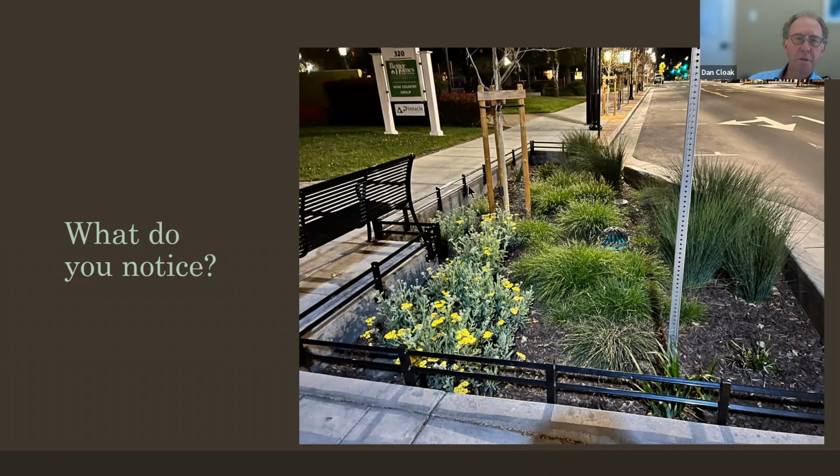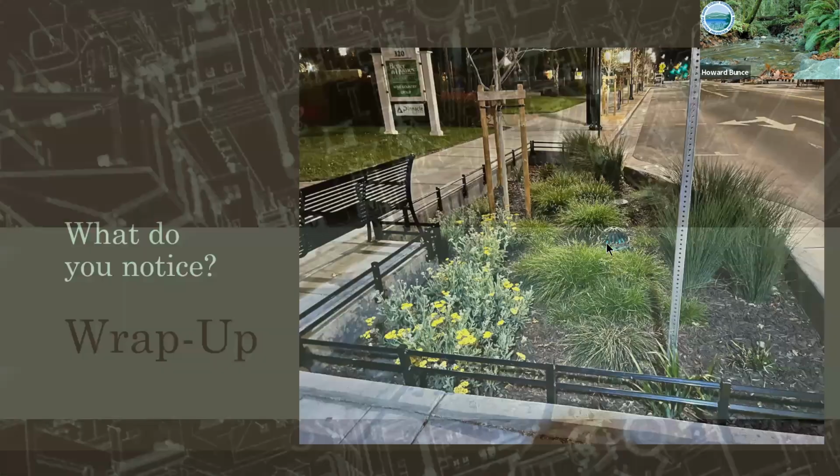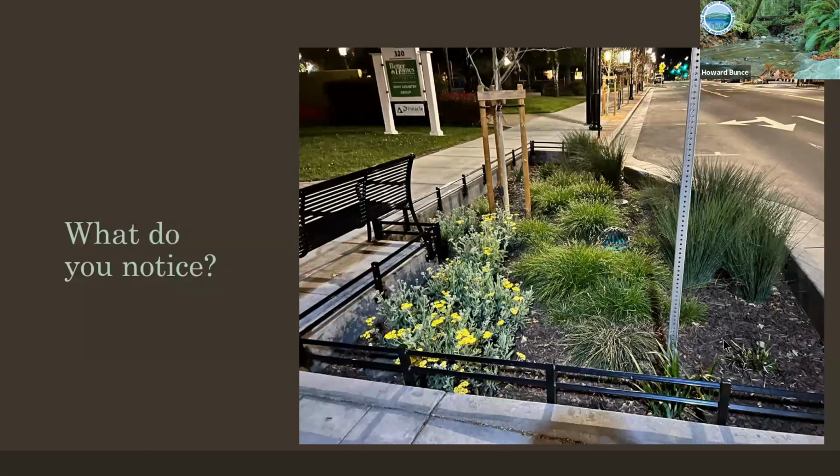Other points? Several people mentioned that the mulch itself may float. It does look like, well, it's hard to tell from this angle just how elevated that overflow inlet is. It may be set too low to where you're not going to get much ponding before water starts flowing into it.